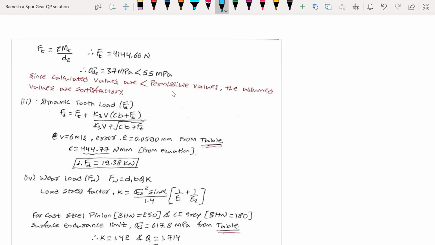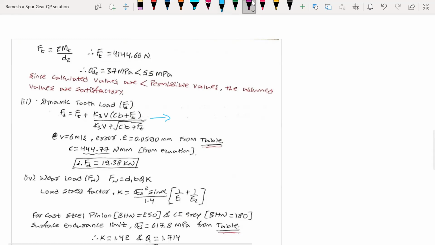safe. Next, we are asked to calculate the dynamic tooth load, that is FD, and after that you need to calculate the wear load. How to calculate the dynamic tooth load? There is an equation for that.